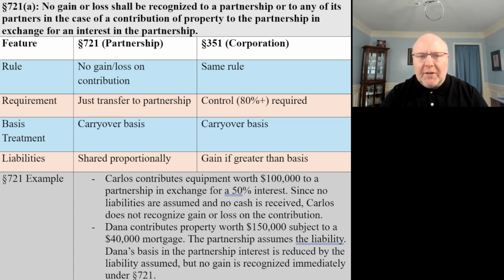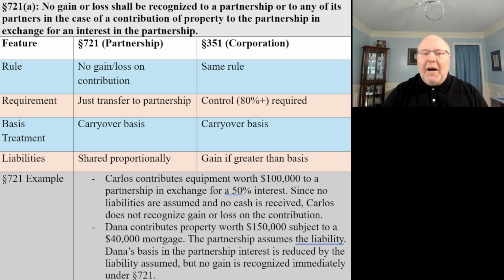Let's look at a couple of examples before we end this video. Carlos contributes property worth $100,000 to a partnership in exchange for a 50% interest. Since no liabilities are assumed and no cash is received, Carlos does not recognize gain or loss on the contribution. There's no type of boot in here. If Carlos contributed equipment worth $100,000 and his basis was $20,000, he has a realized gain of $80,000.